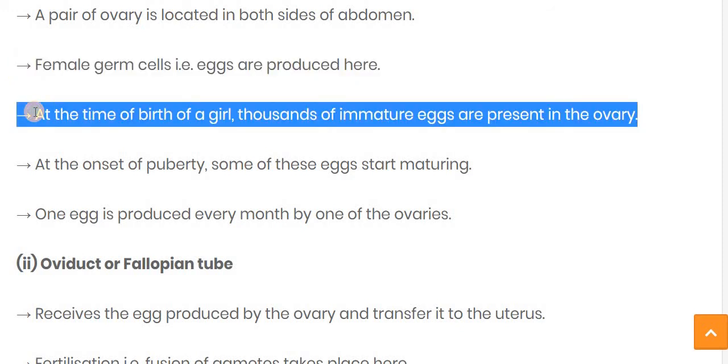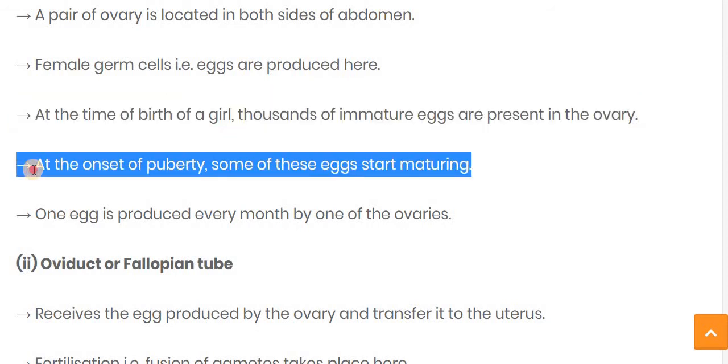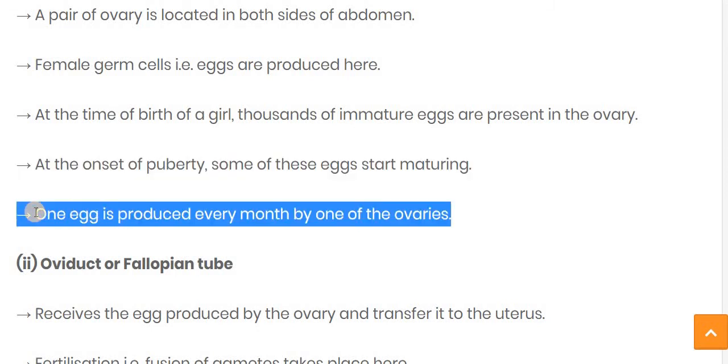At the time of the birth of the girl, thousands of immature eggs are present in the ovary. And at the onset of puberty, meaning the maturation period, some of these eggs start maturing. One egg is produced every month by one of the ovaries.